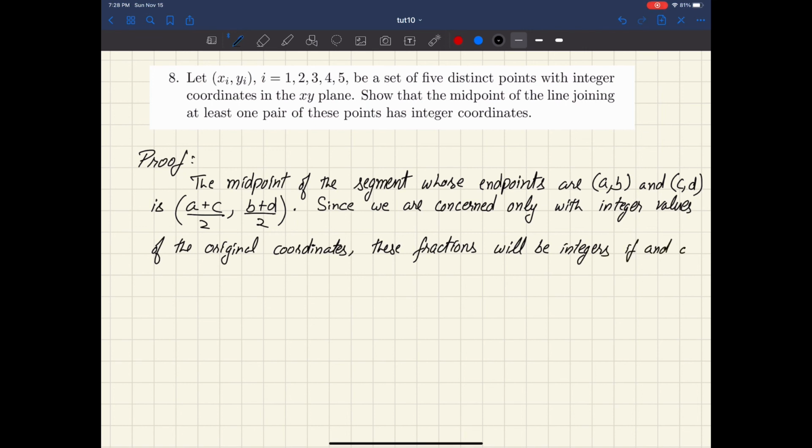We know even plus even is even, and odd plus odd is even as well. So we need them to have the same parity so that when divided by 2 they give us integers.